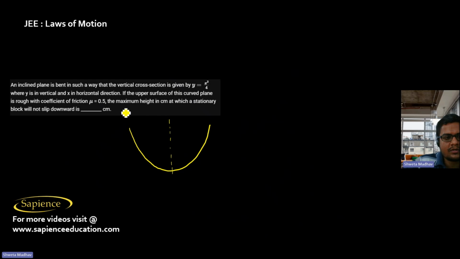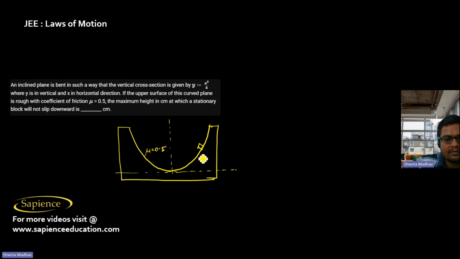The upper surface of this curved plane is rough with friction coefficient 0.5. The maximum height in centimeter at which a stationary block will not slip downwards is. So the height at which it will not slip downwards, the height we have to calculate from this level.